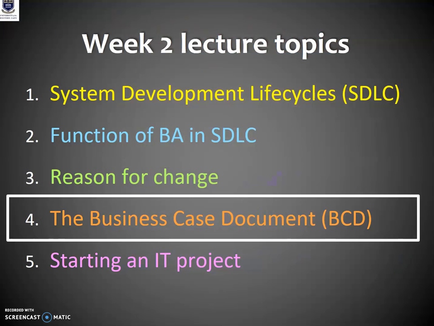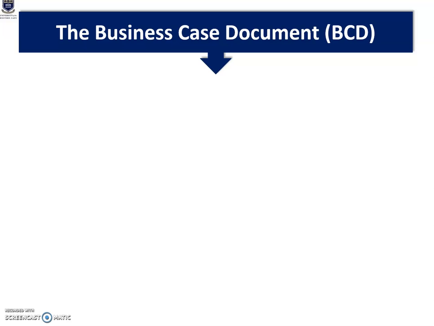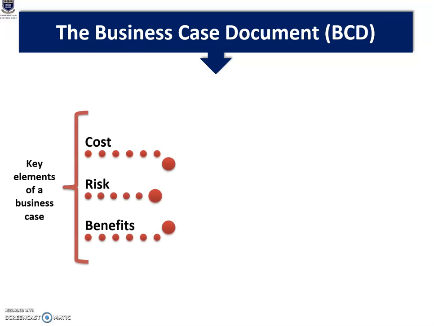So let's look at the business case document. The business case document helps stakeholders understand what you want to do. The purpose of the business case is to determine and to document the justification for undertaking a project, usually based on the estimated cost of development and implementing against the risk and the anticipated business benefit and savings gained.